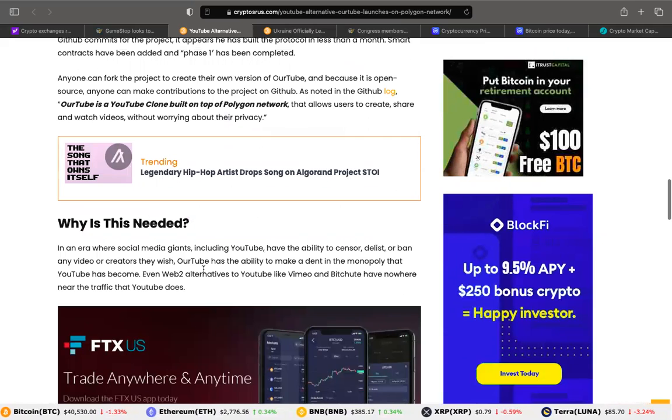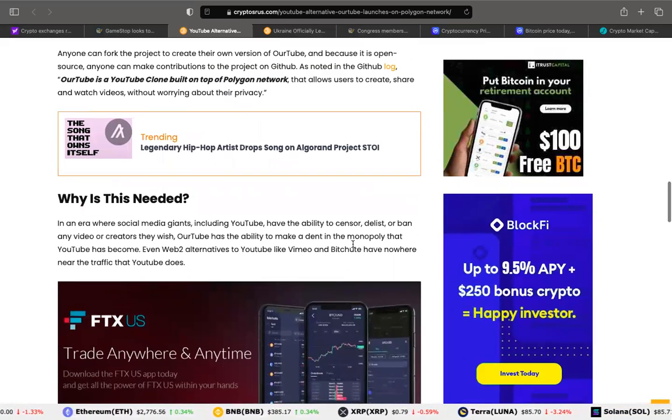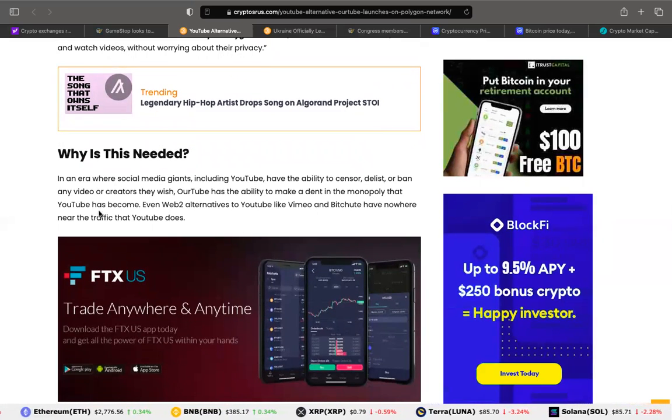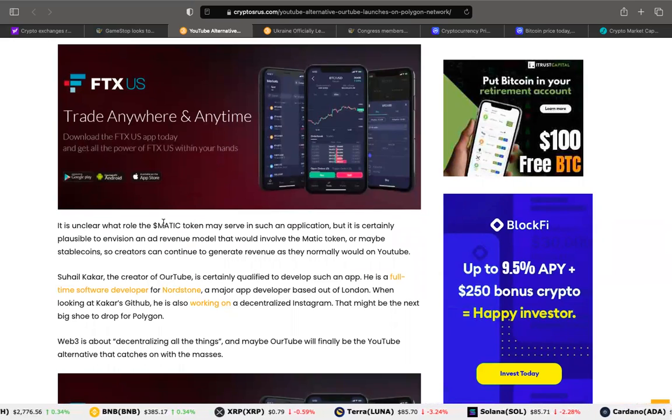Let's see here where it says. So yeah, it definitely talks about how there's nowhere near the traffic that YouTube has, like I said, but it's unclear. Right here it says, Matic token would serve in the application, but it's plausible to envision an ad revenue model.